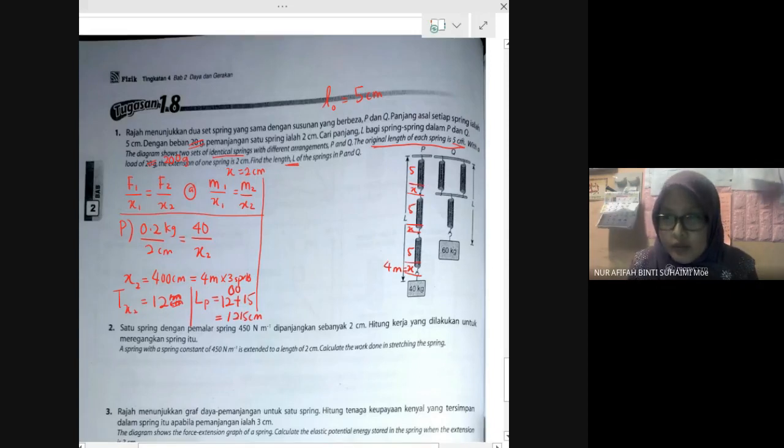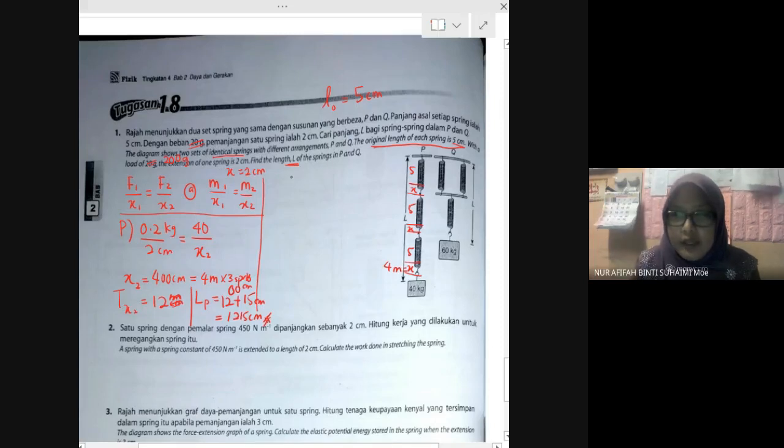Sebab tak logik. 1000 sampai 1000 cm. Ini 5 cm ni, patutnya meter ni. Okay, tak apalah. As long as you understand. So this one is 1200 cm plus 15 cm. So ini dia punya jawapan. Okay. Right.